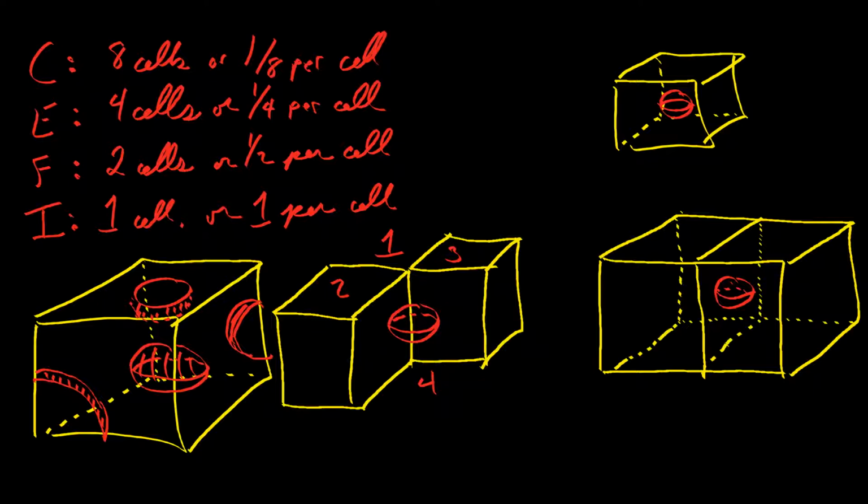And if it is, it will contribute some fraction of the entire atom, 1/8, 1/4, 1/2, or 1 whole, to the number of spheres inside that unit cell. And so that's what we're looking at here, is we're trying to figure out how many atoms or ions are inside the unit cell based upon where they are located on the unit cell. Okay.